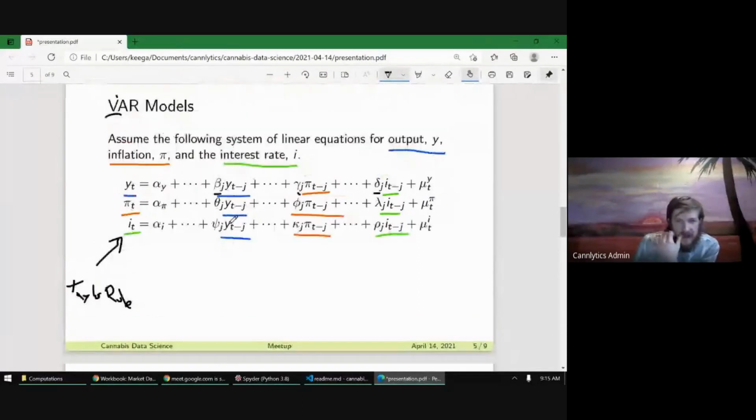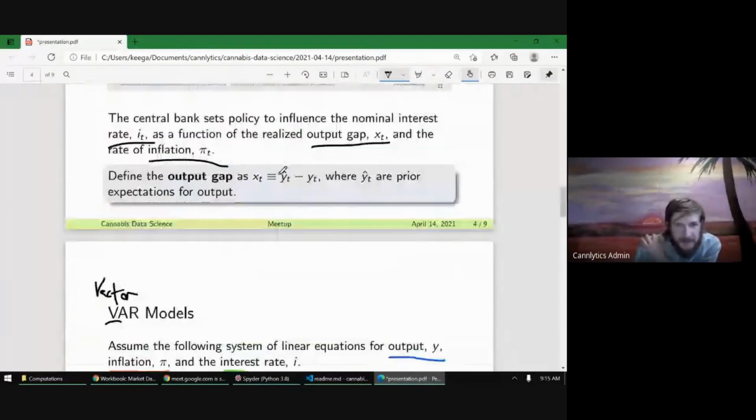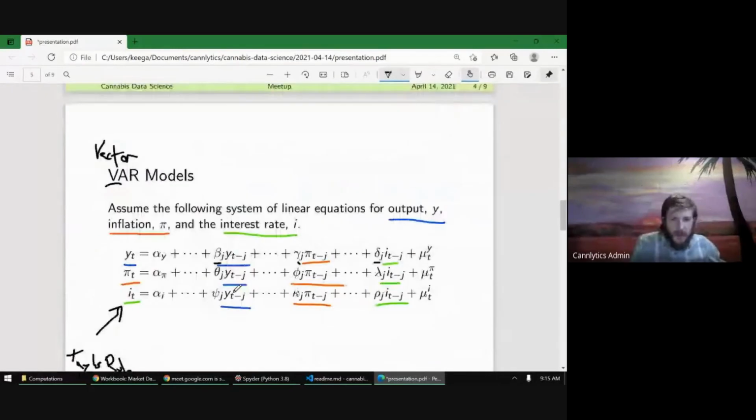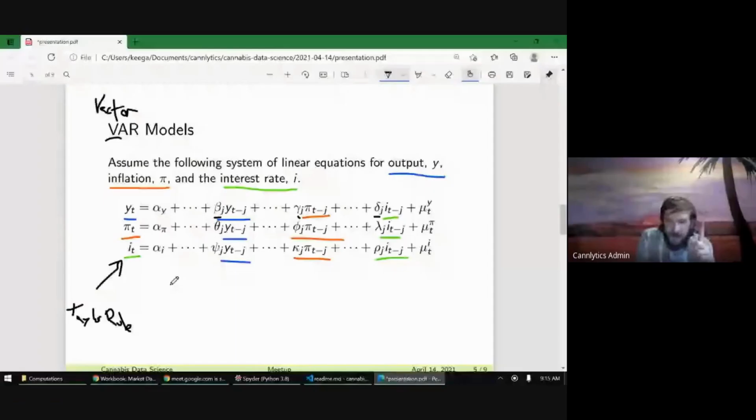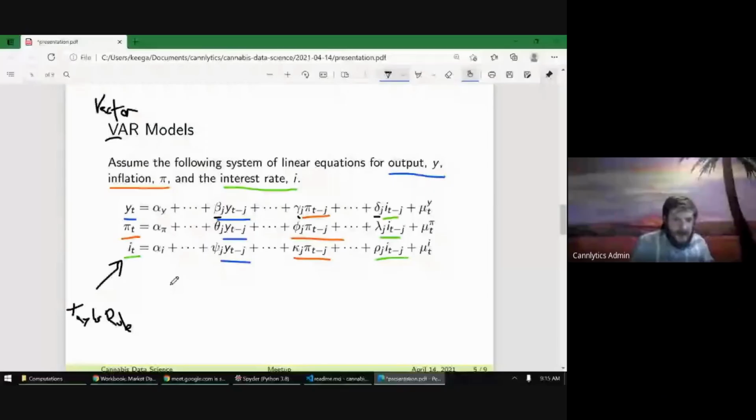You'd actually have to do the output gap, which is what we're going to get to. So the output gap is what you would expect output to be minus what output actually is. And if you're wondering what you expect output to be, we'll get to that in 1 second. Well, actually, let's just go ahead and get to that right now.